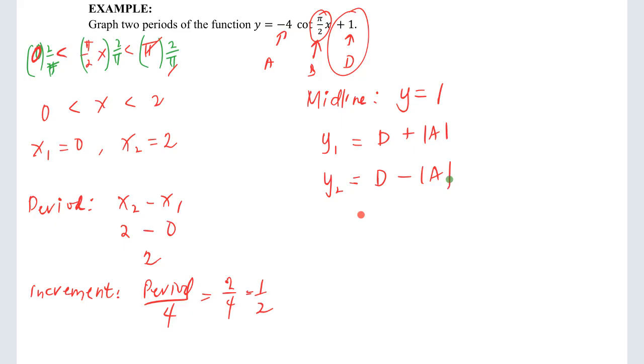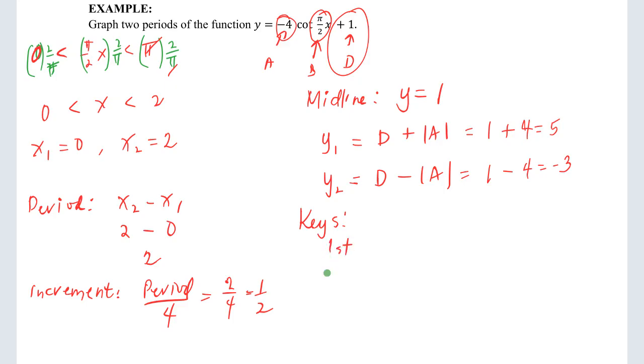So we have 1 plus the absolute value of a, which is 4, so this is equal to 5. And then 1 minus 4 is negative 3. Those are the y coordinates that we are going to follow when finding the key points.